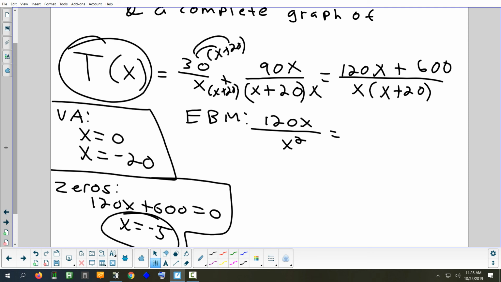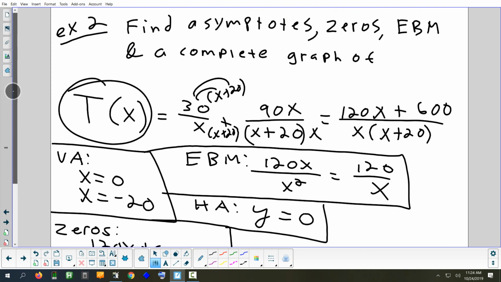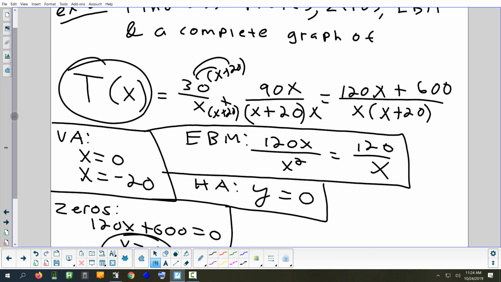And what does that give me? 120 over x. Okay, so there is your EBM. We could now do the horizontal asymptote. Let x approach infinity in your EBM. Y equals 0. So we get the horizontal, the vertical, the EBM, the zero. Is that everything? Yep. So now let's find a complete graph.